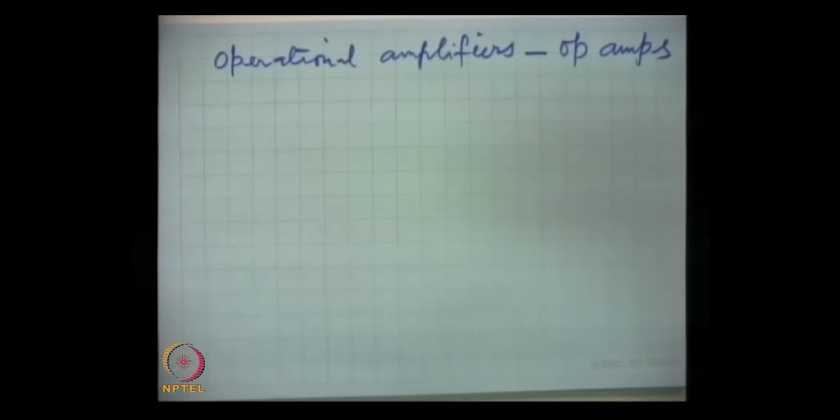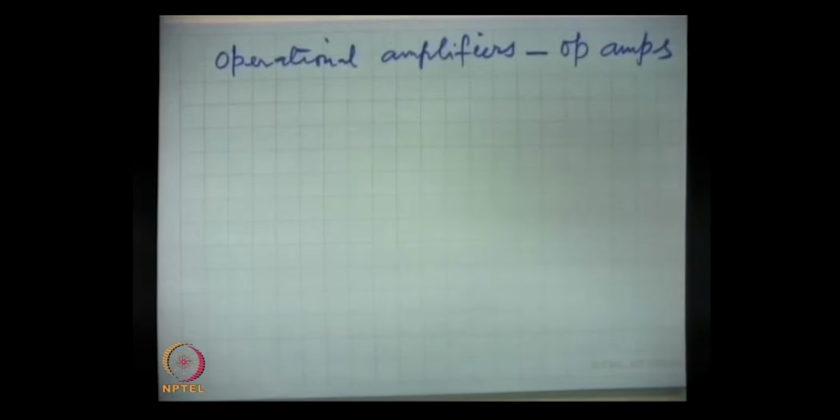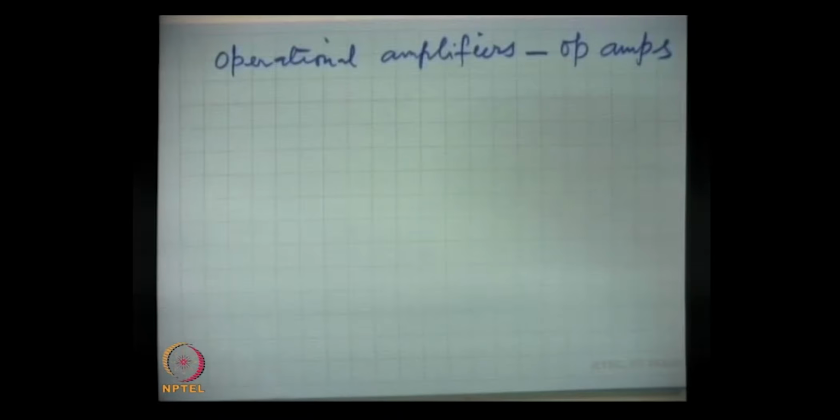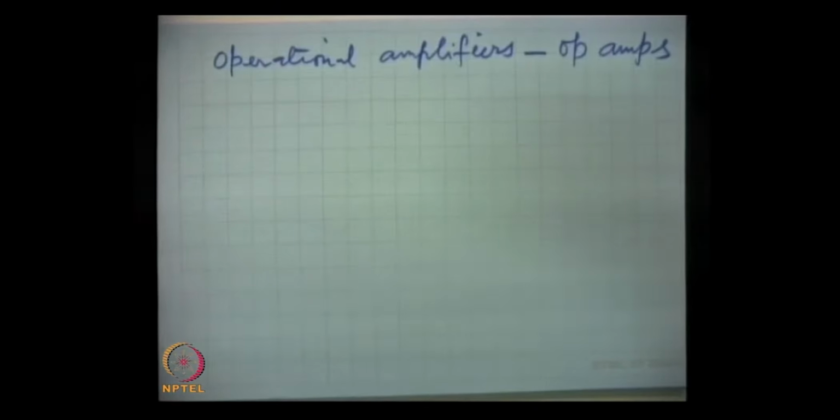The op-amp today is a very important component in every digital and analog system. You will hardly find a system in which op-amps have not been used; they are very widely used.